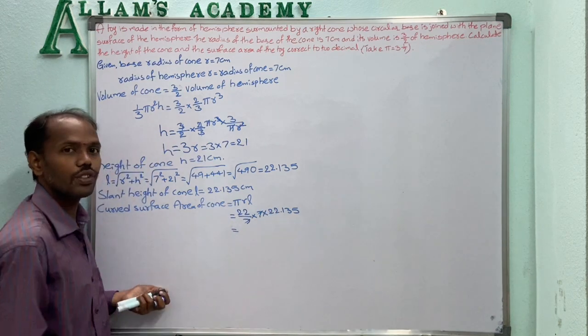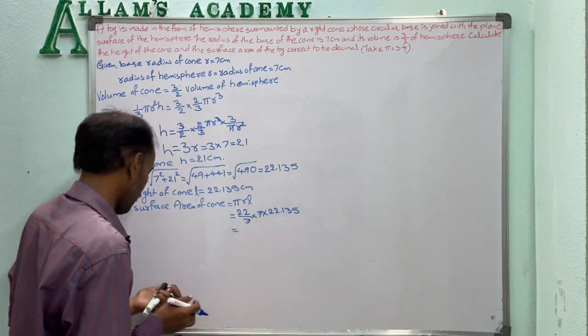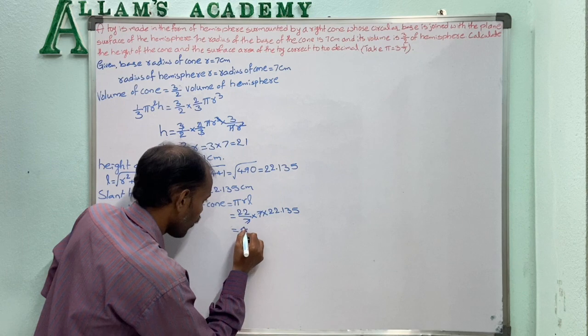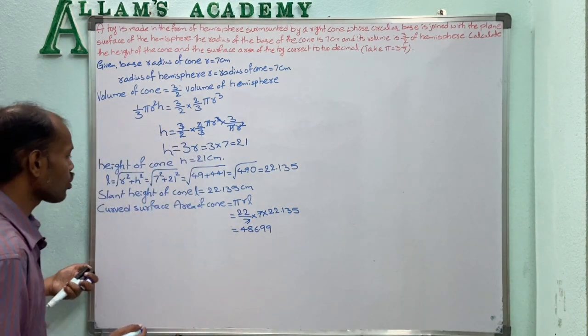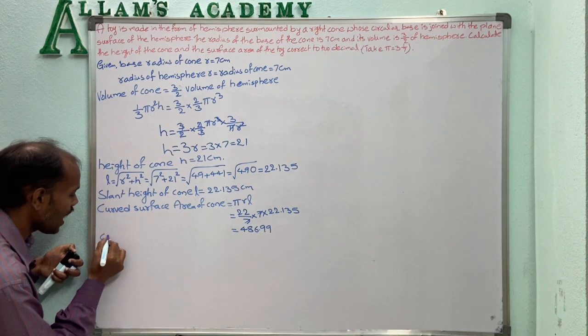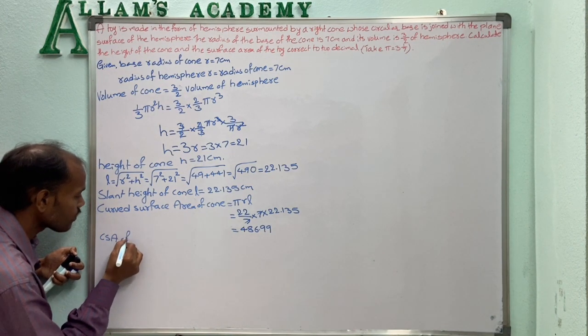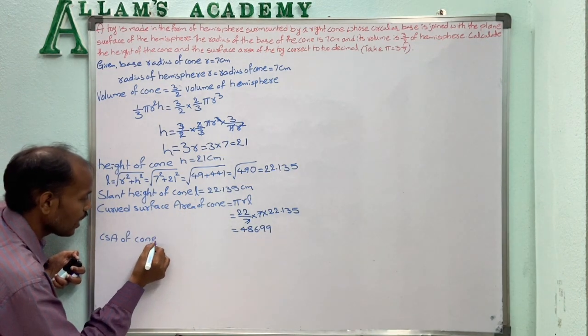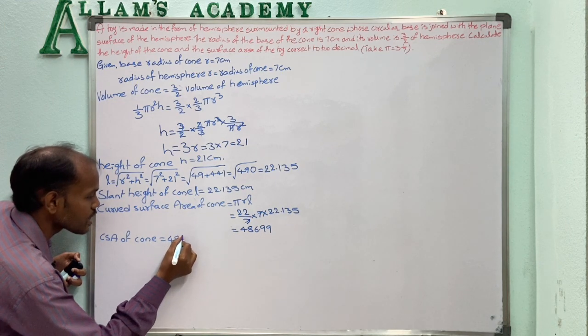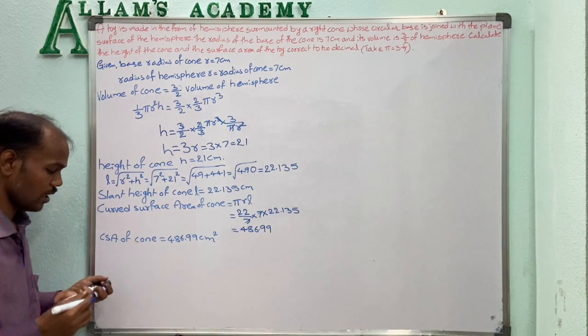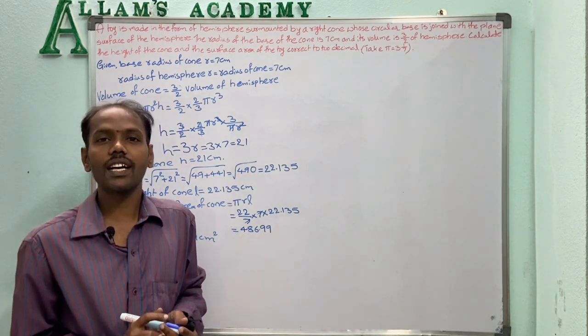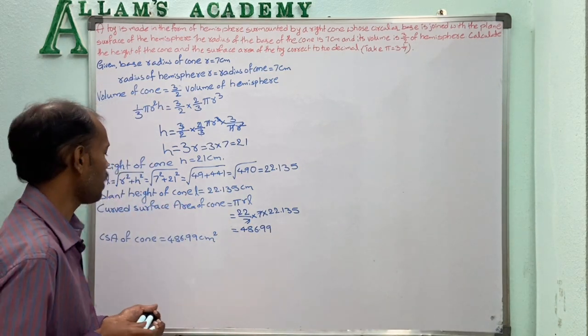Now 22 into 22.135 is 486.99. So the curved surface area of the cone equals 486.99 centimeter square.